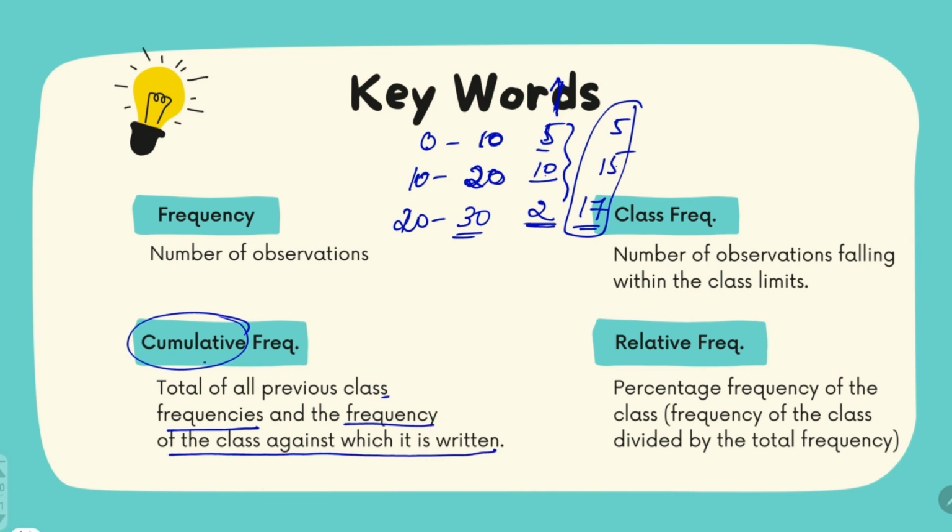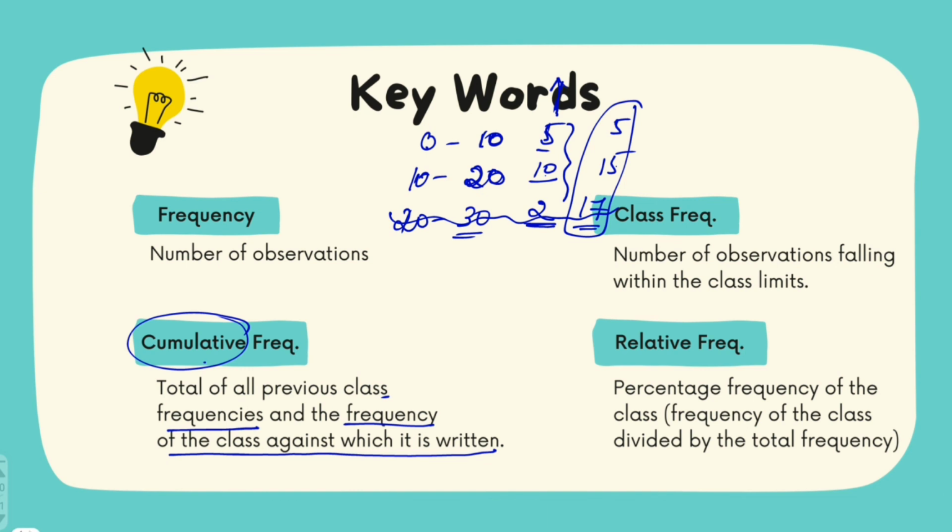That is cumulative frequency. Now, relative frequency is if we were to represent this frequency in terms of percentage. So let's do one thing, let's cut this out just for the easiness of calculating.